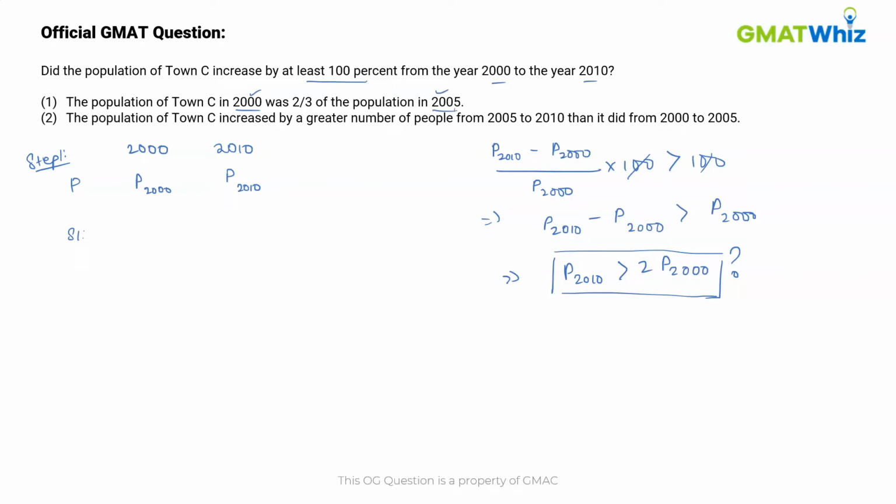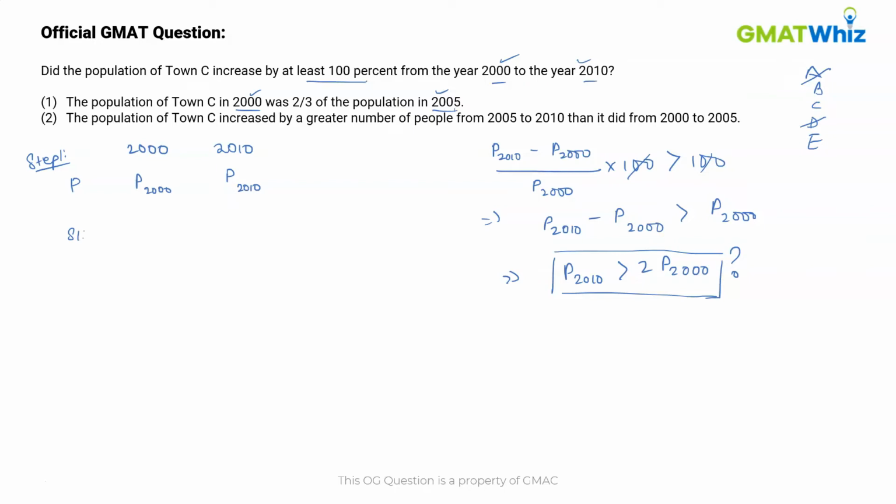And in the question we are asked about the relation between the population in the years 2000 and 2010. So we can directly eliminate options A and D here, because the statement just tells us about the increase in population of the town in 2000 and 2005.